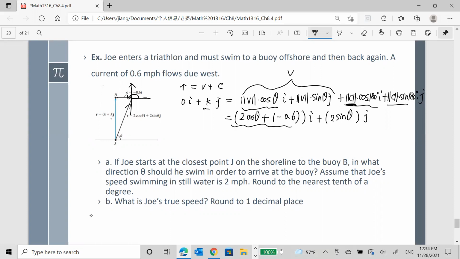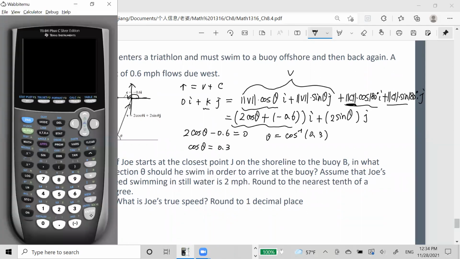And we have learned the I part is 0. That means 2 times cosine theta minus 0.6 equals 0. That means cosine theta equals 0.3, isolating the cosine. And theta equals the inverse cosine of 0.3.